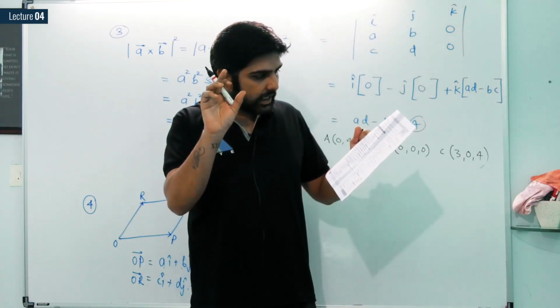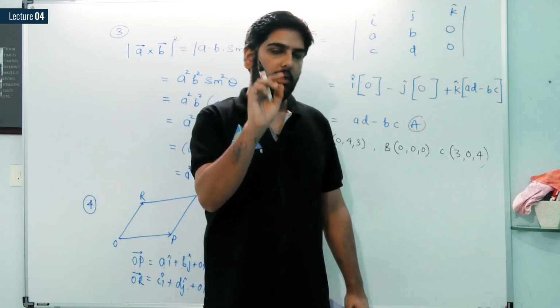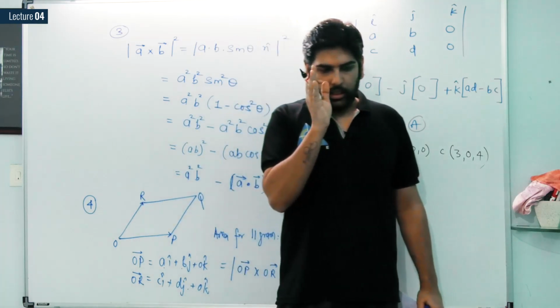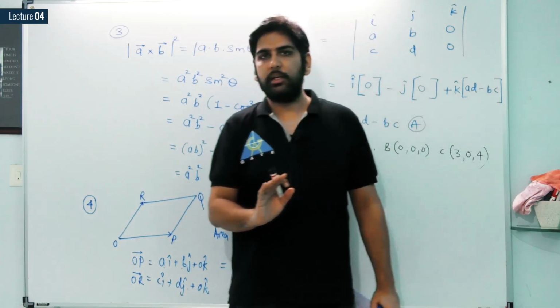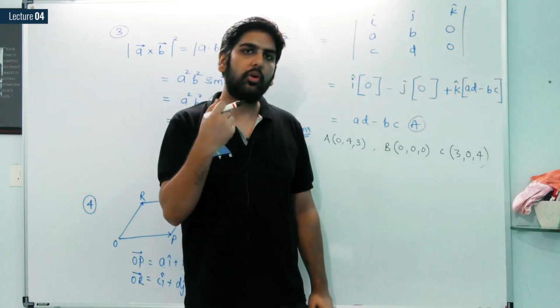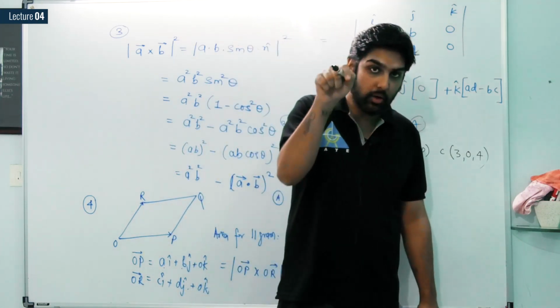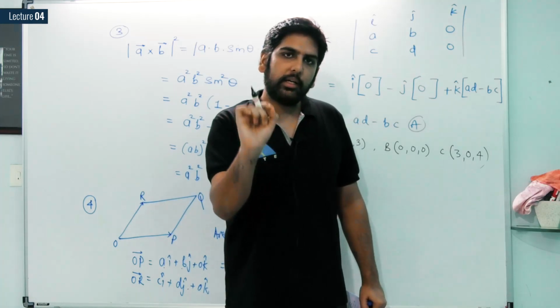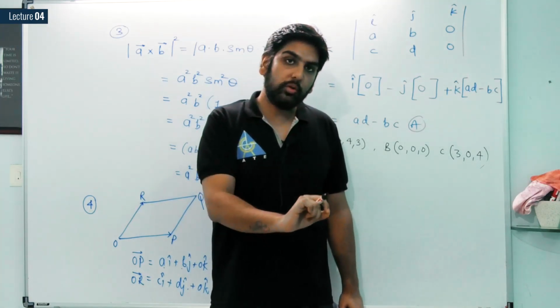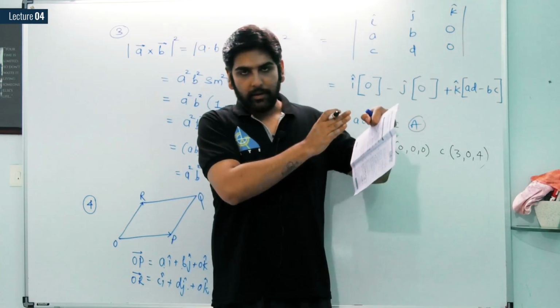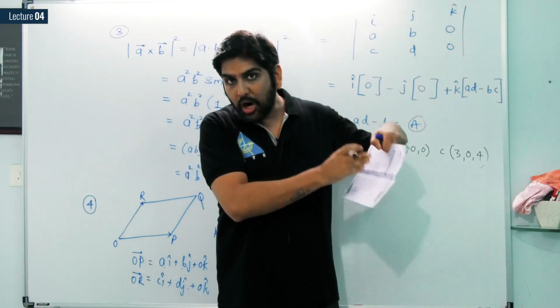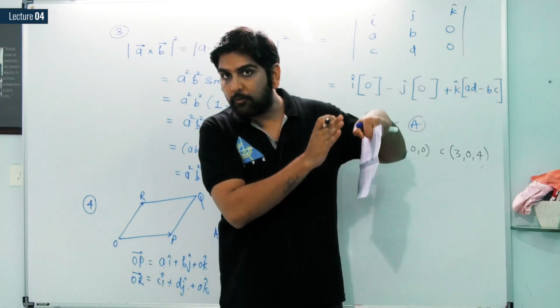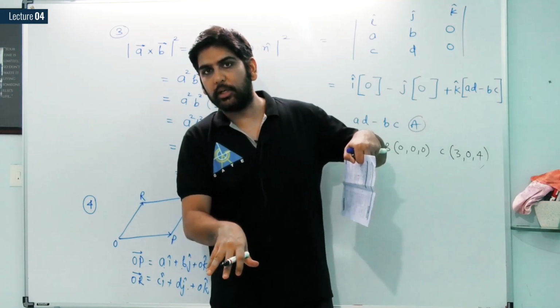BC and BA. That means what? See, in the result of the cross product, we have written the note. If you have not written the note, please write it down now. The result of the cross product is perpendicular to both vectors involved in the cross product.